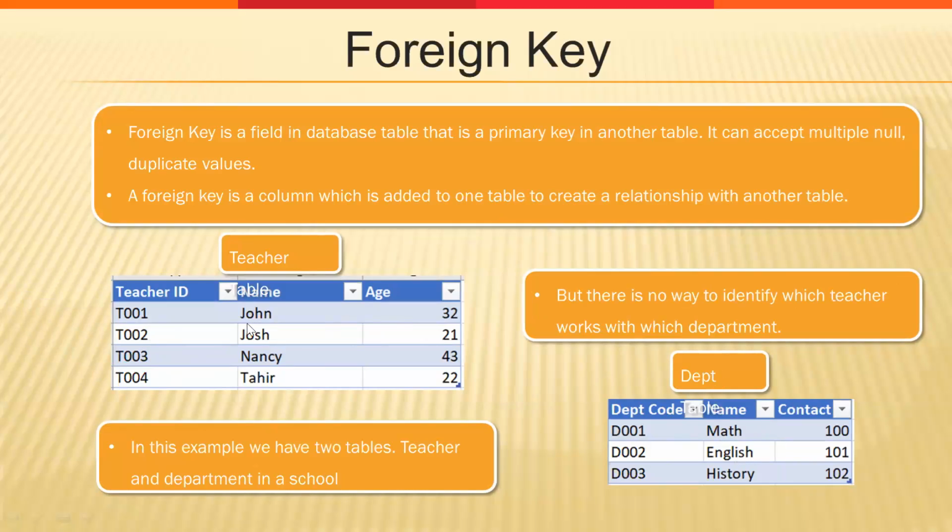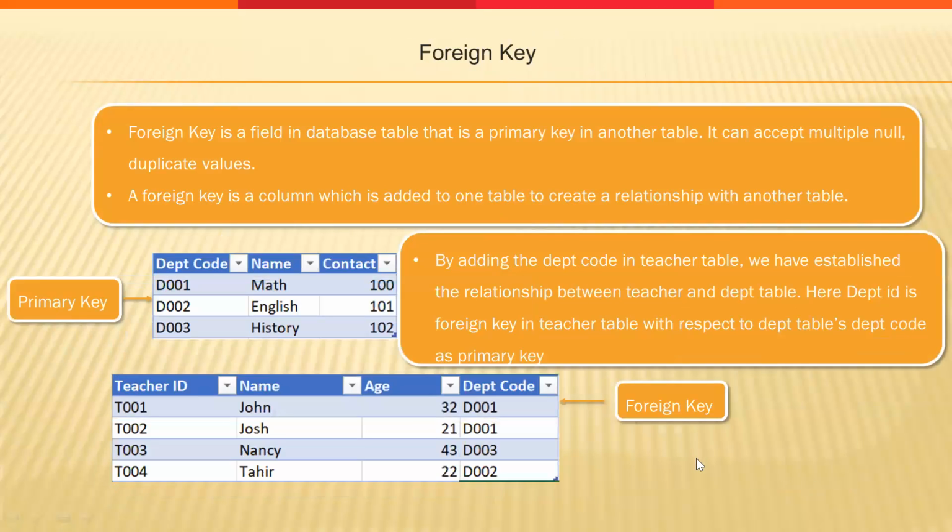So this is a teacher's table, and this is a department table. To understand this a bit more, department code is unique in the department table. Unique means primary key, which has unique values without nulls. Department code is a primary key in the department table.